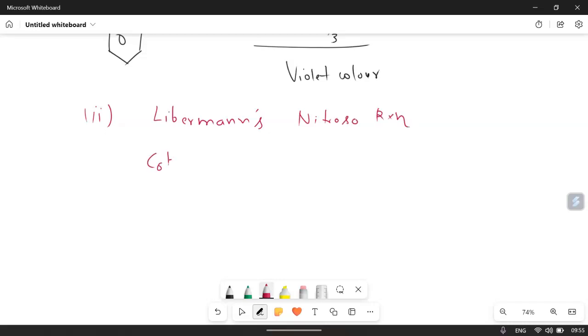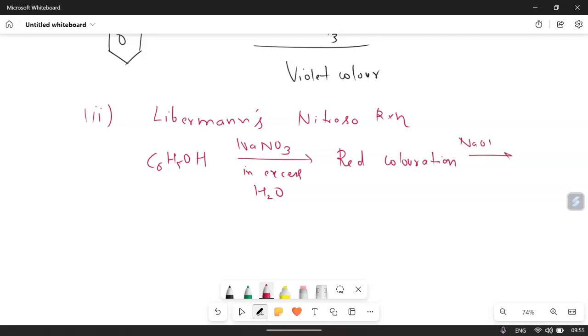In this reaction, C6H5OH in the presence of NaNO2, in excess H2O, will give red coloration, and if NaOH is in excess, it will give blue coloration. Remember, this reaction must be done with H2SO4.